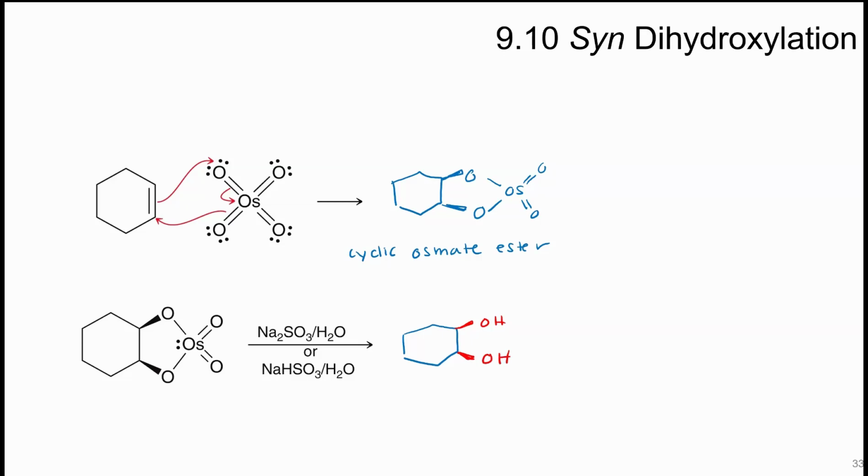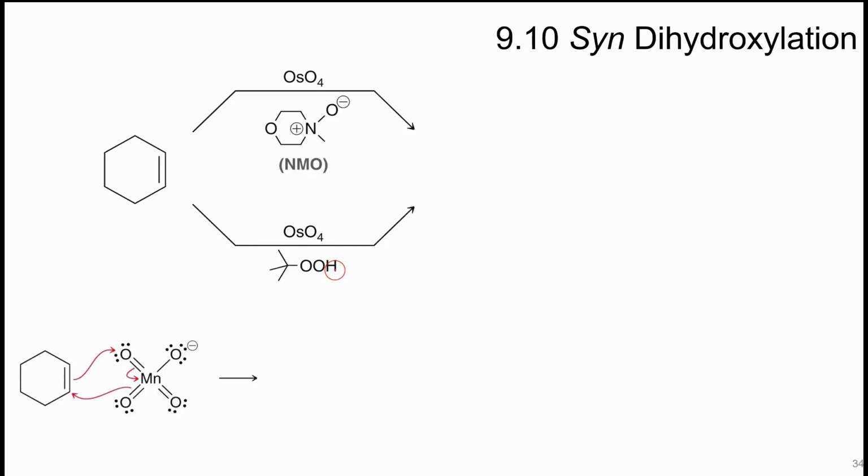So we end up with the syn diol. You can use NMO or tert-butyl peroxide to remove the osmate ester. All of those will give you the syn diol. This is 60 to 90%.